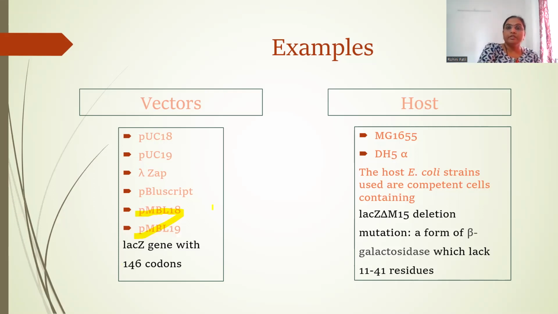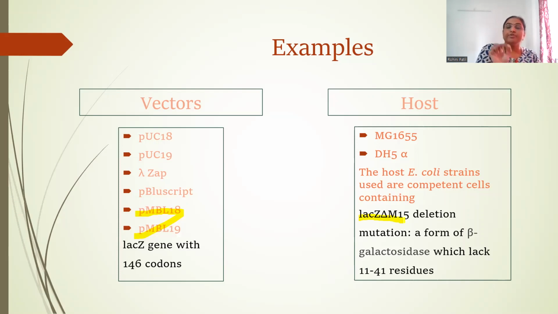The host here has a mutation, a deletion mutation at the N-terminal, and it is called the lacZ delta M15 deletion mutation.